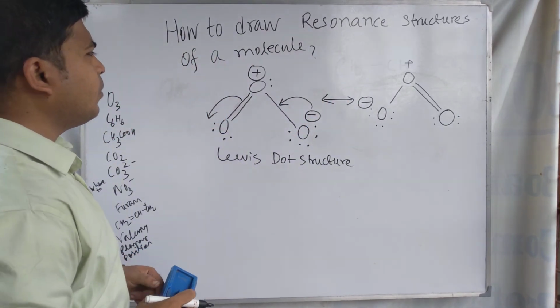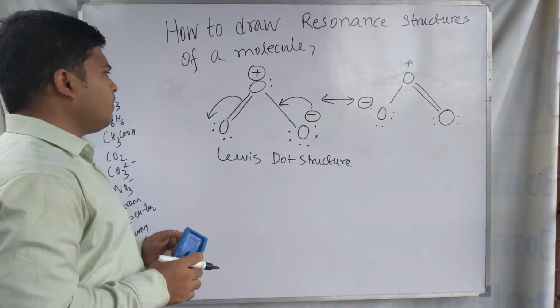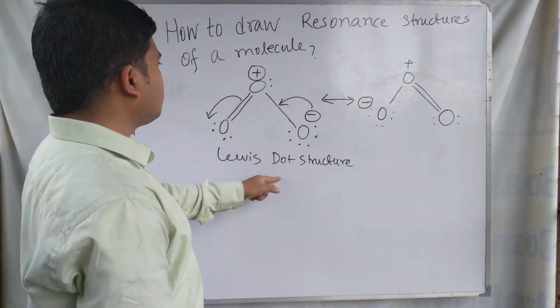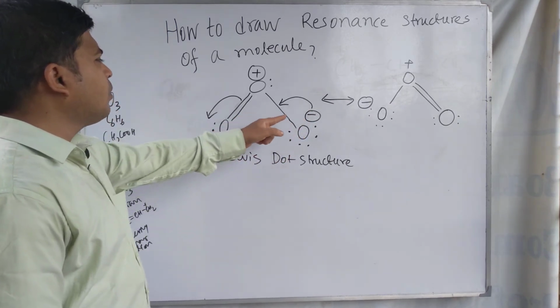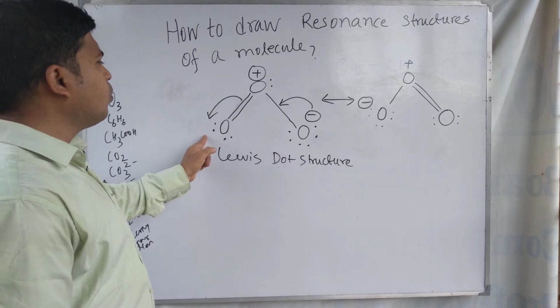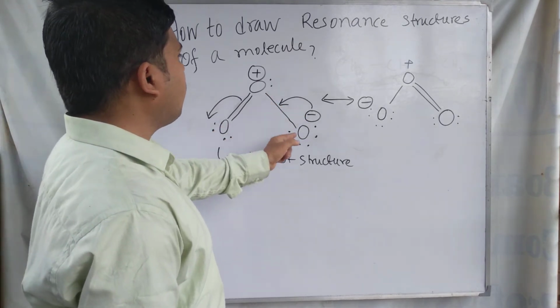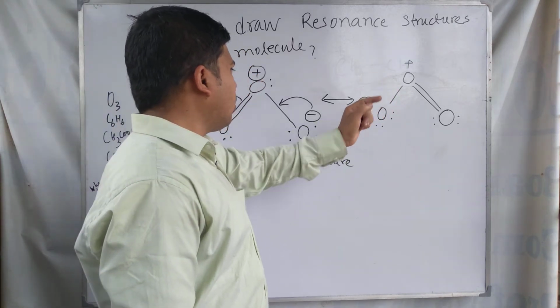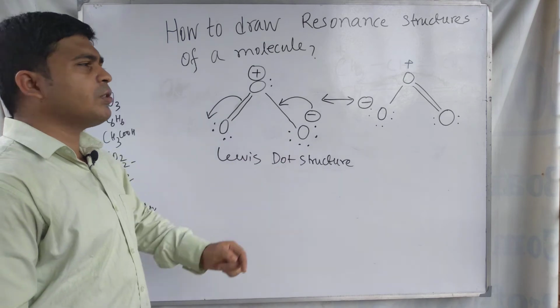This is the resonance structure of the ozone molecule. At first you have to draw the Lewis dot structure of the ozone molecule, and then you have to shift these bonds. This bond is shifted to become O minus, and this O minus forms a bond between the two oxygen atoms, and the resonating structures for the ozone molecule are these two.